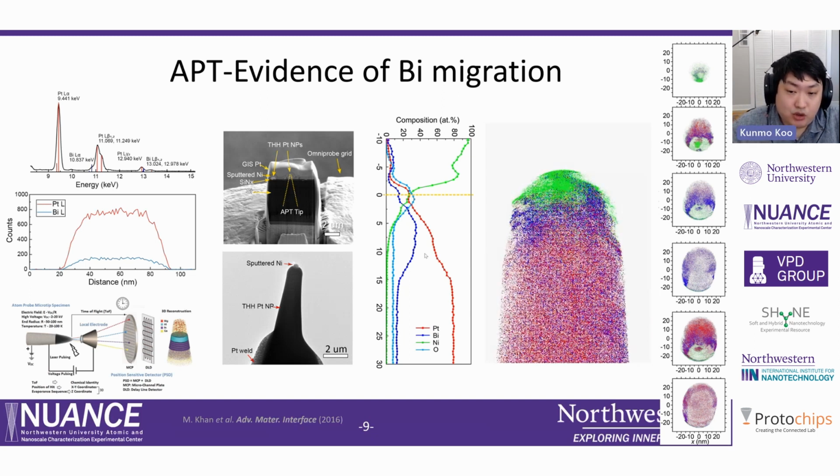If there were a distinct domain where one element is significantly higher in content, like previously shown in the seed, EDS might work, but it turns out to not work, as shown in the EDS line profile on the left side. Instead, we made a fine probe of the nanoparticle surface with the FIB and ran atom probe tomography.